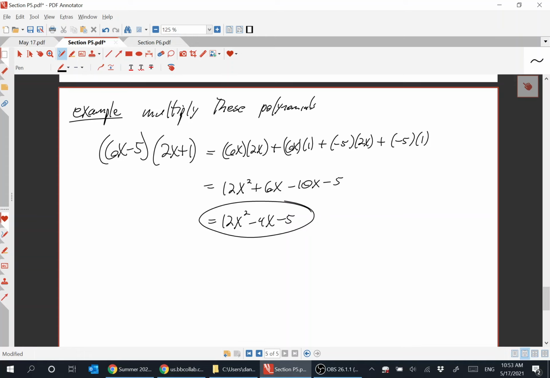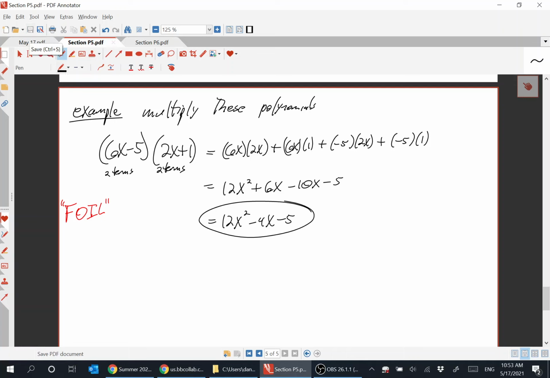So when the polynomials or the algebraic expressions have two terms each, then there's this mnemonic people often use, FOIL. I kind of don't like the mnemonic so much.